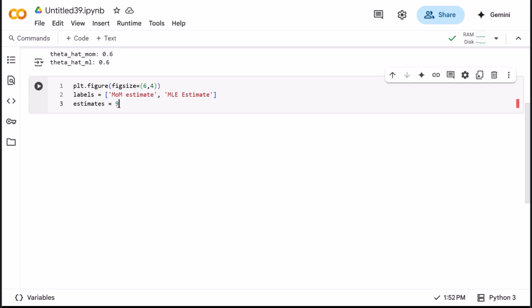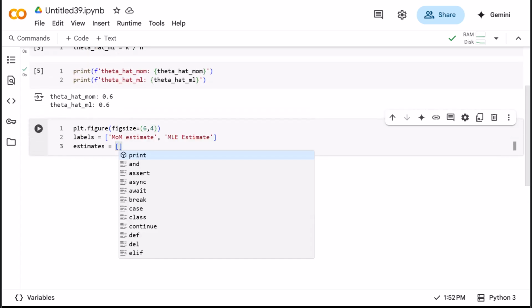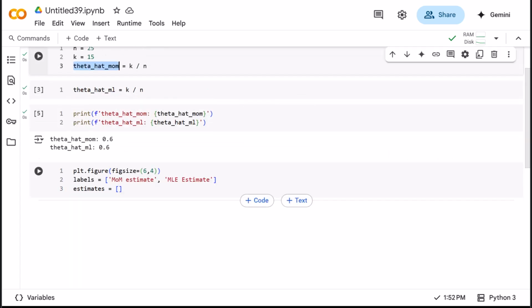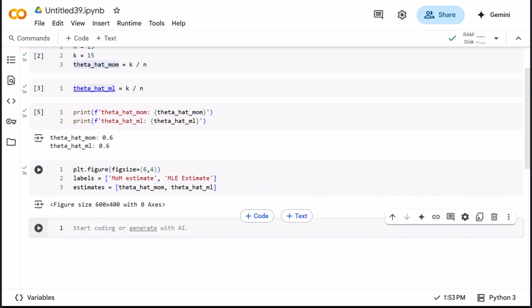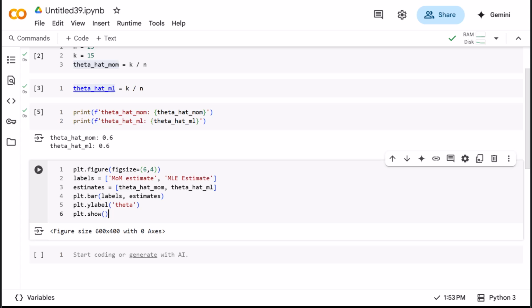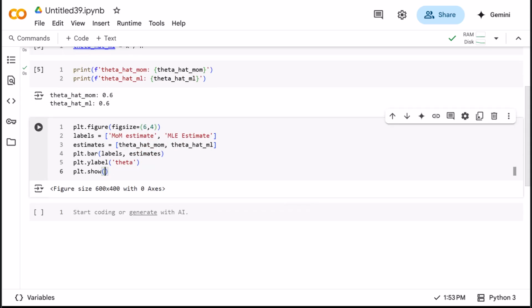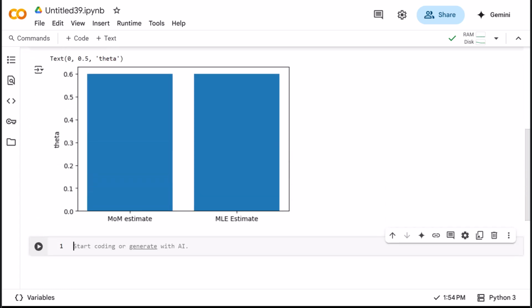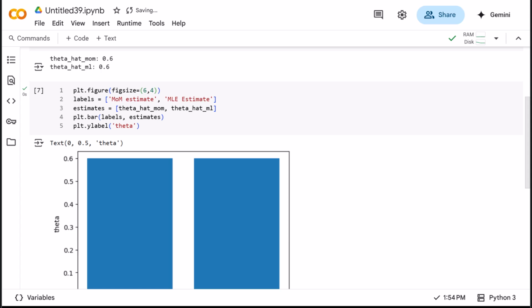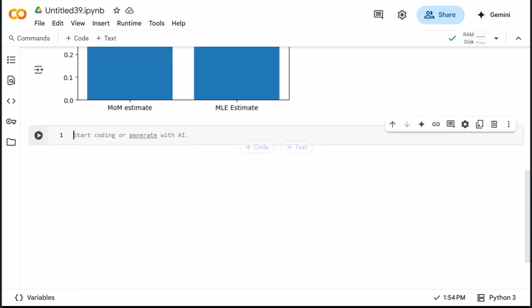Then estimates are the two that we have defined here, right? Now, a bar plot of labels and estimates. Because both are the same, we add plt.title, and let's see this one. So this is the MOM estimate and MLE estimate. Both are the same. Then we can go for visualizing the sampling distribution.